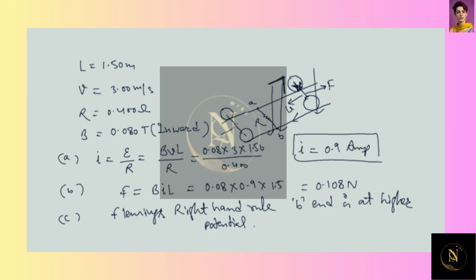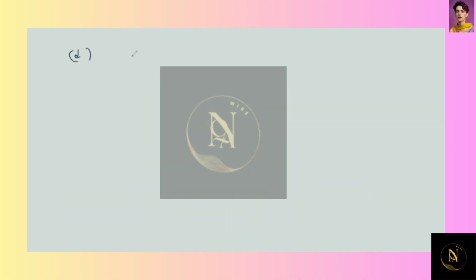So the direction of current induced in the axle still will be downward. So it will be moving now in anti-clockwise direction. The current now will be in anti-clockwise direction, but in the resistance still it will be from B to A. So still the end B will be at higher potential.